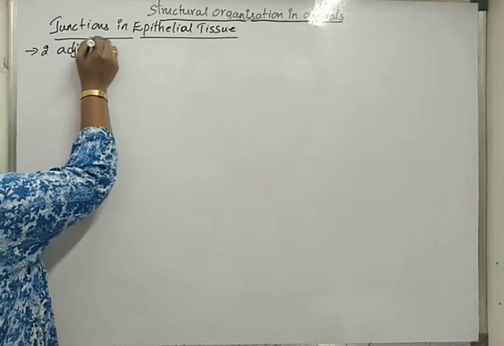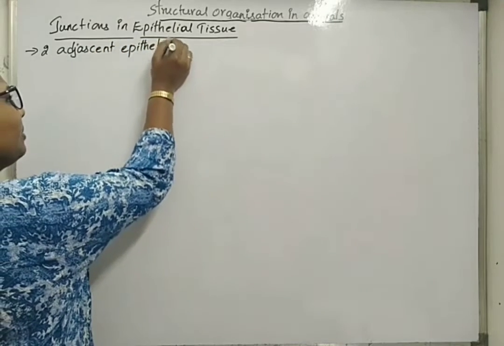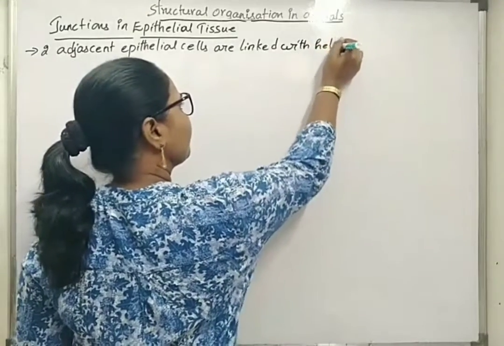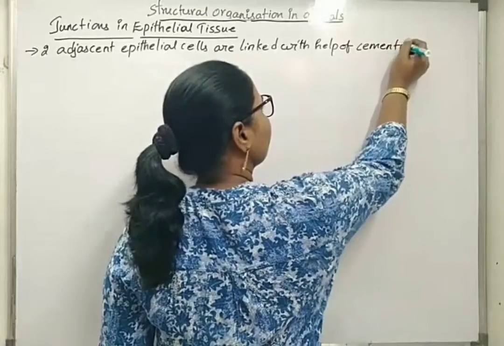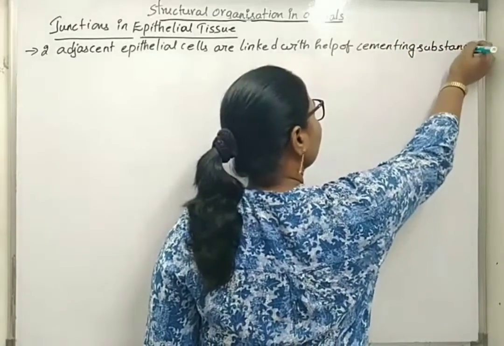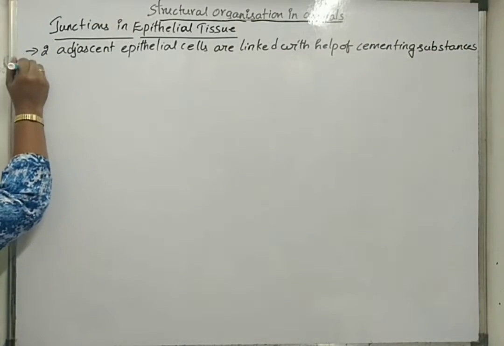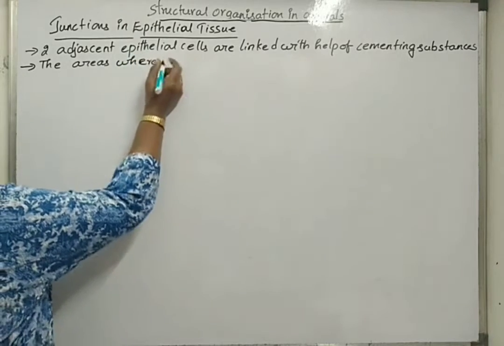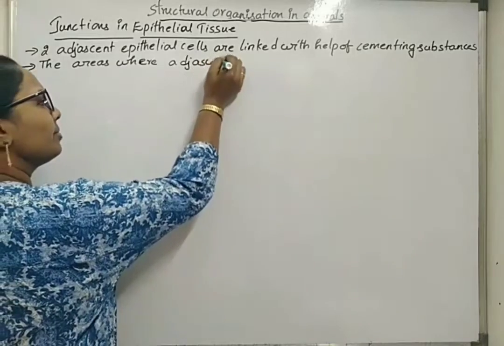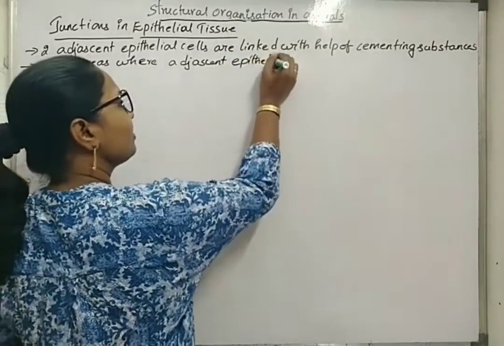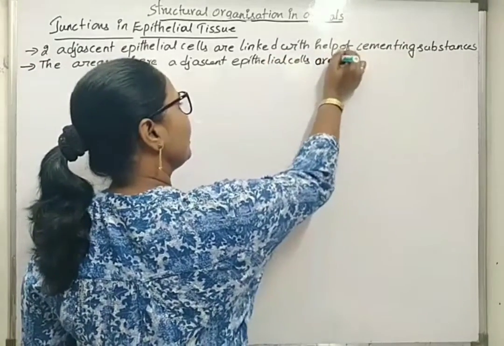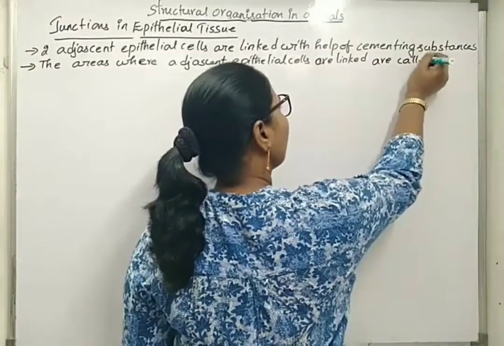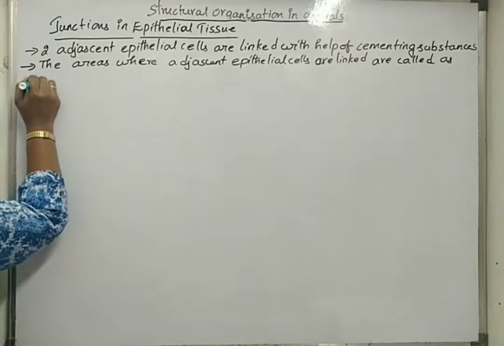Two adjacent epithelial cells, or the areas where adjacent epithelial cells are linked, are called specialized junctions.